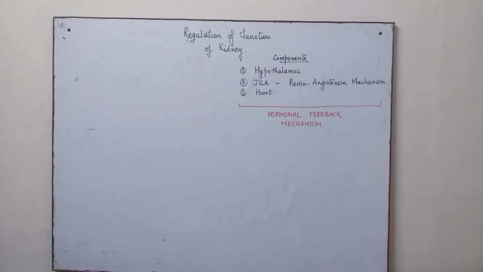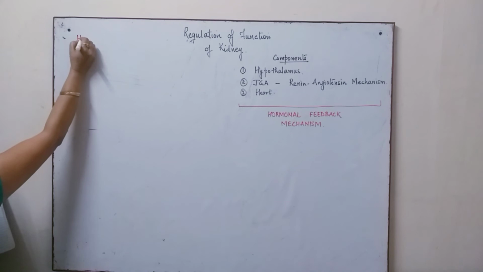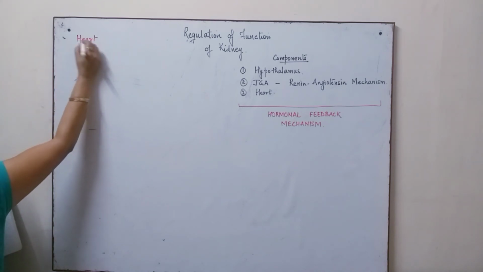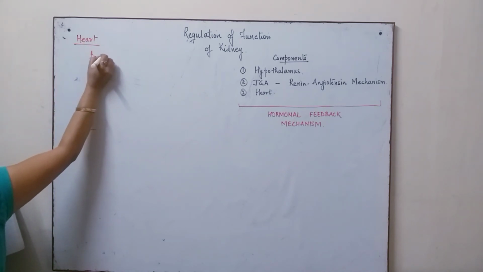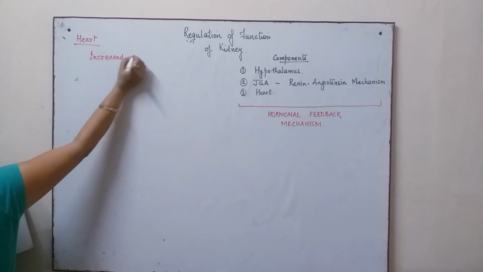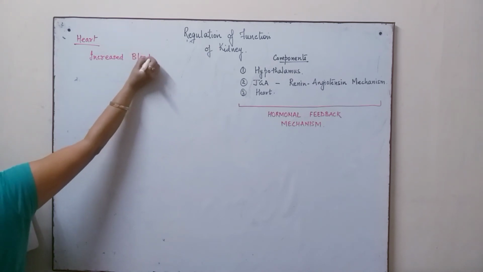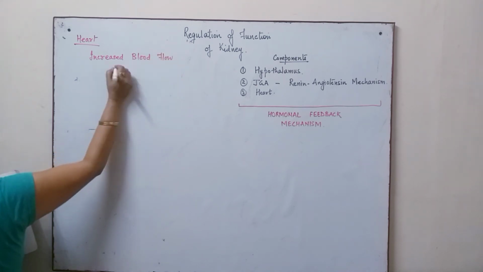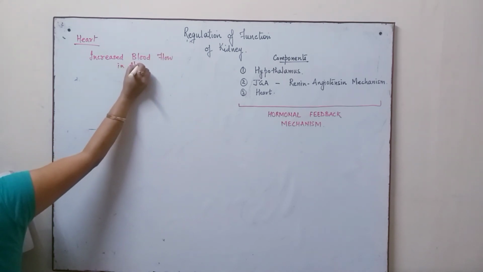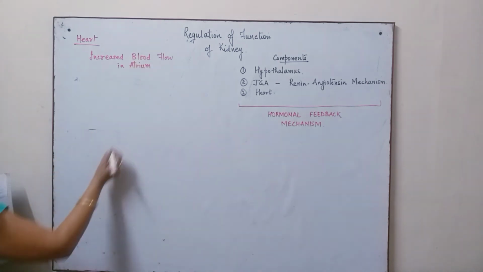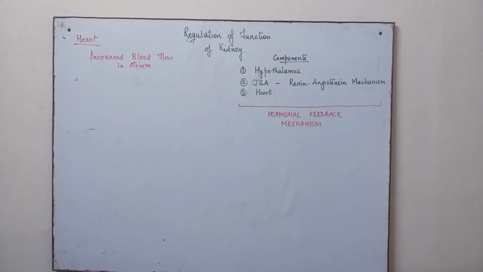If there is increased blood flow in the atrium, that is the upper chamber of the heart, and this increased blood flow can be due to several reasons.